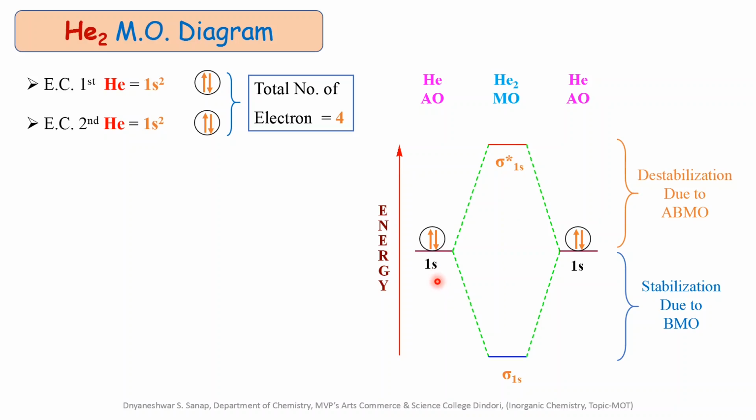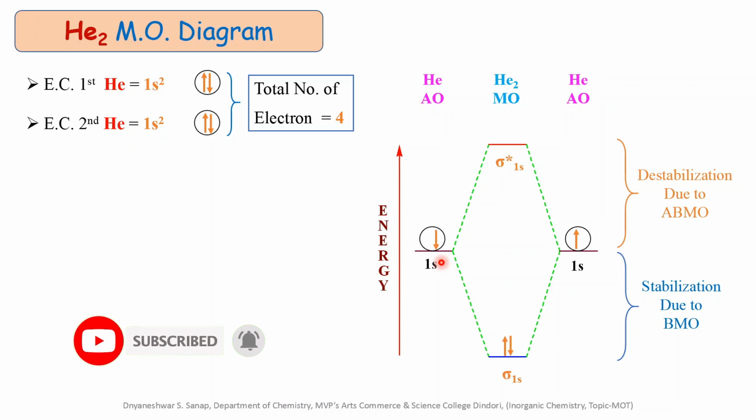The next point is filling of electrons in molecular orbitals. There are 4 electrons from the 2 atomic orbitals participating in the formation of the He2 molecule. These 4 electrons are filled according to the Aufbau principle and Hund's law of maximum multiplicity. The first electron goes to the lower energy bonding molecular orbital.